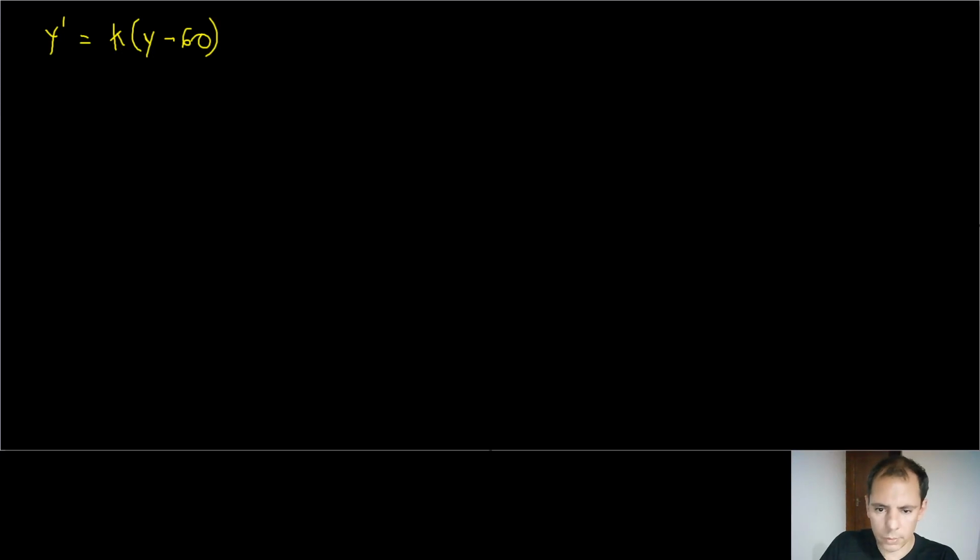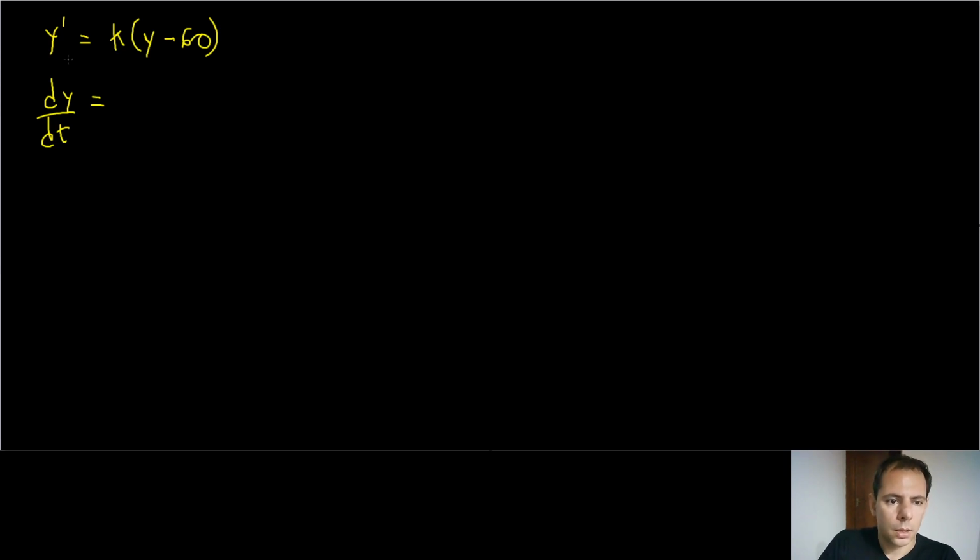So you see what we can do here is this is dy/dt equals, let's just multiply it out, ky minus 60k, or one thing that I can do is to not multiply it out.